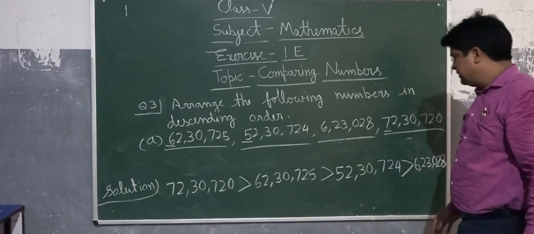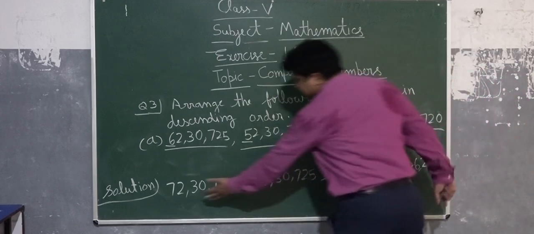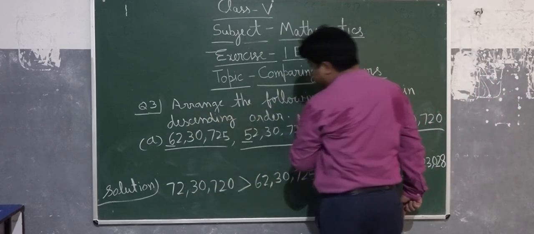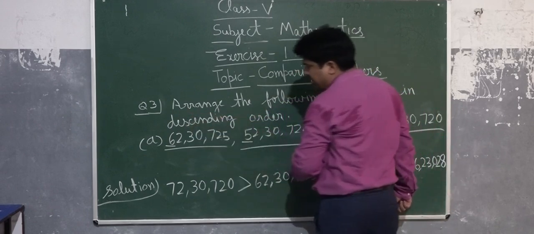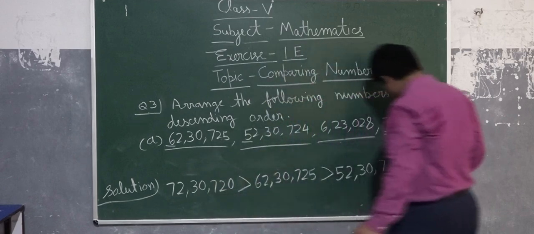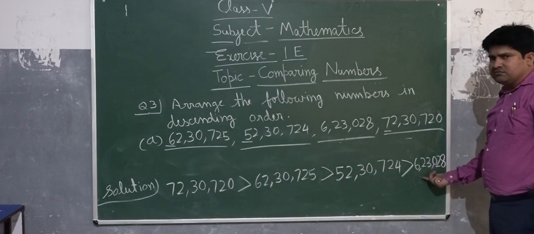This number is greater, that's why it came first, because we are arranging according to descending order. So the bigger number came first and the smallest number comes last.